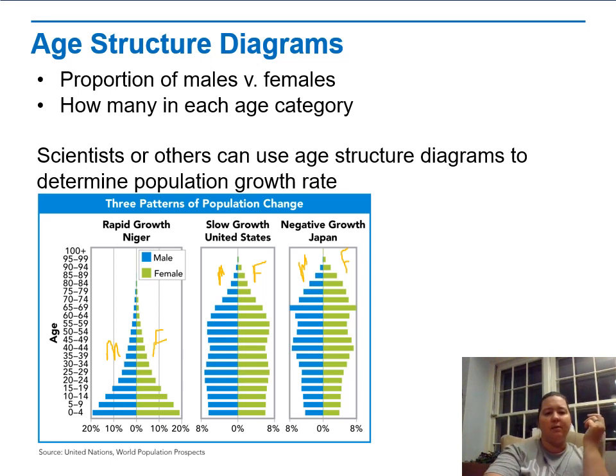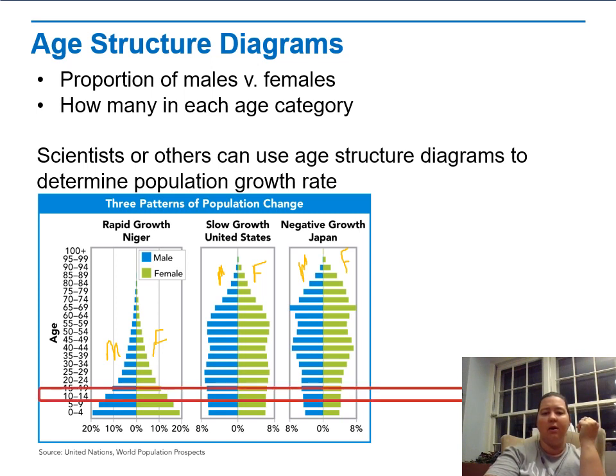So scientists or whoever would look at this information and decide what's going to be happening to the population in 5, 10, 15, 20 years. One of the things to look at here is the 10 to 14 range.